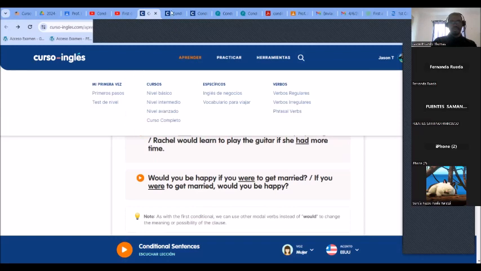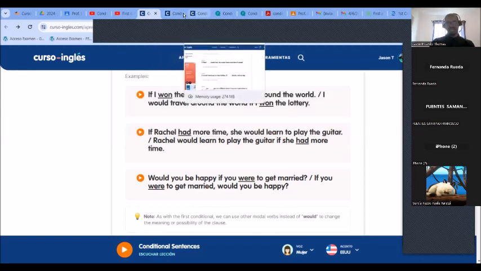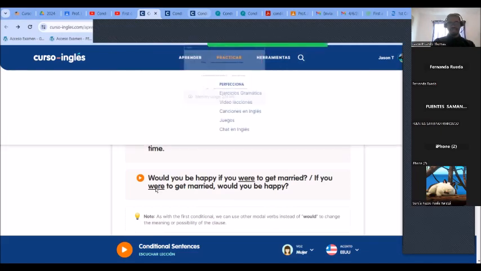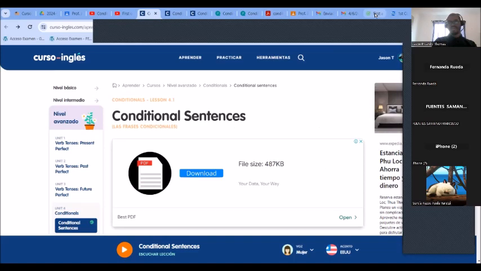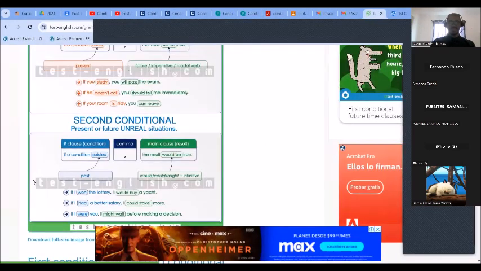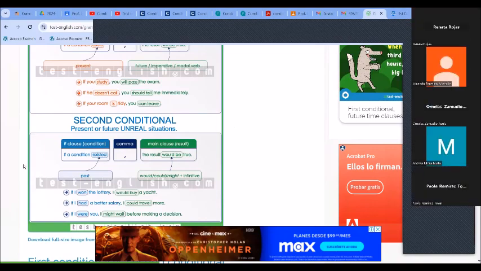We won't use the examples from this section because there's some third conditional activity in this one, but we will use some of the exercises from this one. Now, before I jump over, let's get some more examples in.